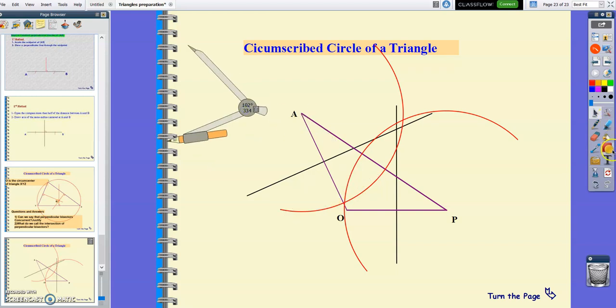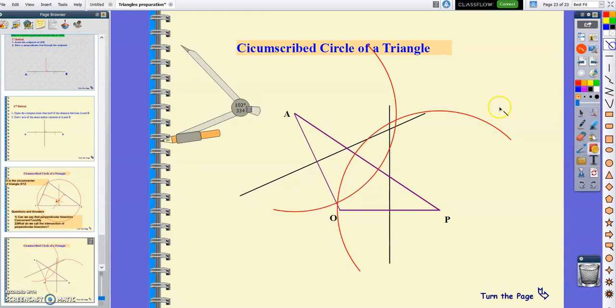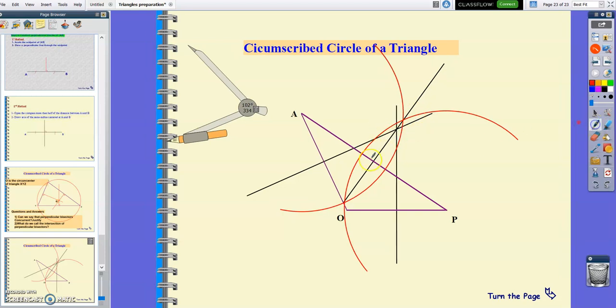So we will connect these 2 points here. As you notice, the 3 perpendicular bisectors intersect in one point, so they are concurrent, as we explained before. If they do not meet in one point, we have something wrong.